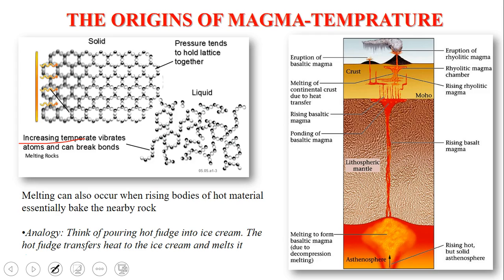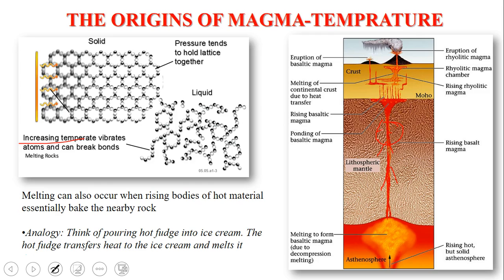You can also have some melting occur when rising bodies of hot material essentially bake the nearby rock. As you can see on the diagram on the right, as this magma is rising up through, it can actually bake some of this pre-existing rock and generate more magma.